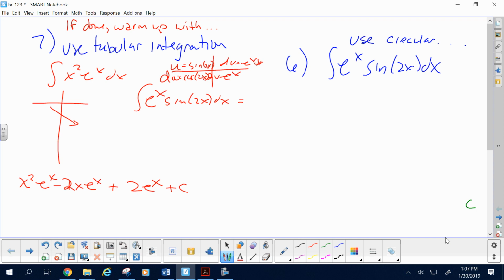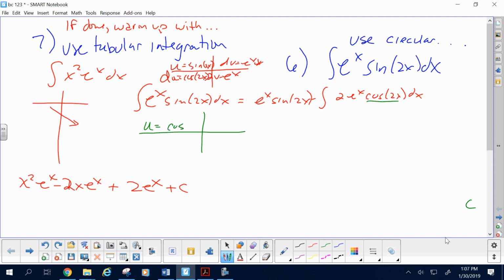So my first run through is e to the x sine of 2x minus the integral of 2 e to the x cosine of 2x dx. We do another integration by parts. Be consistent. If you did u as trig before, you do u as trig again, except now u is cosine.